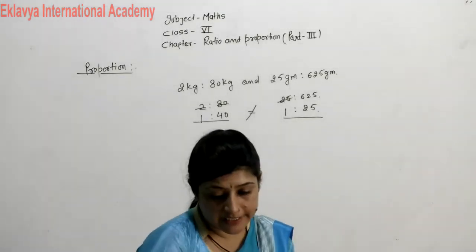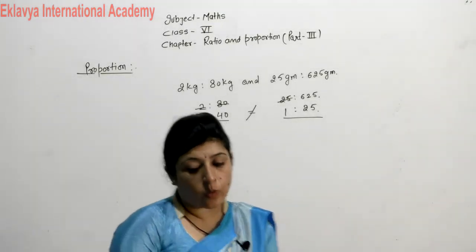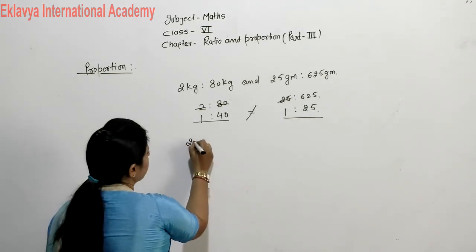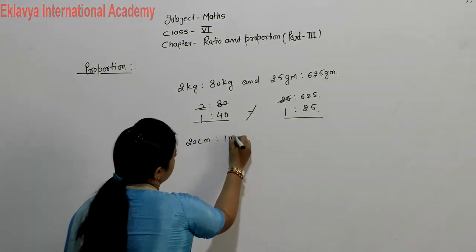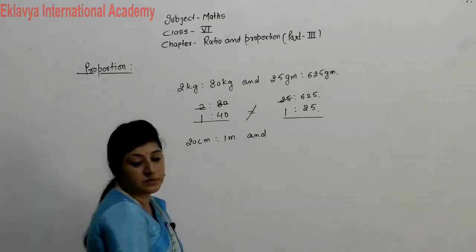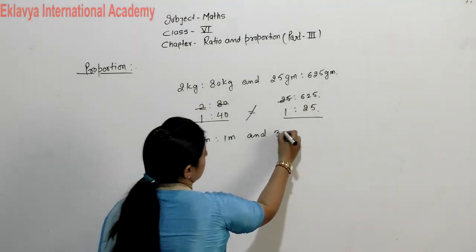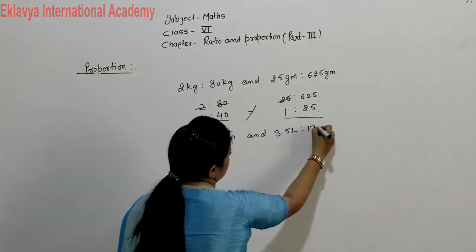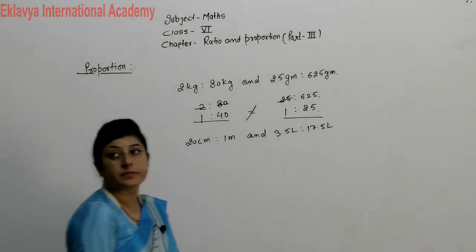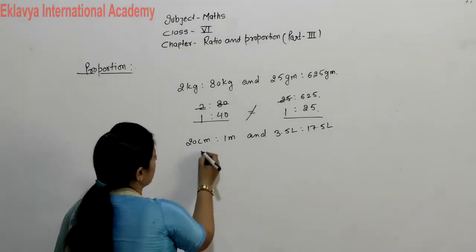One example we take whose ratios are equal. 20 centimeter ratio 1 meter, and 3.5 liter ratio 17.5 liter. Now see this one.